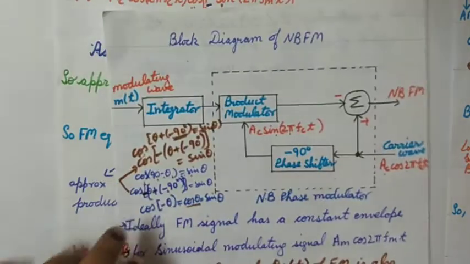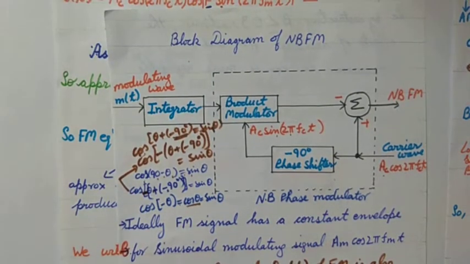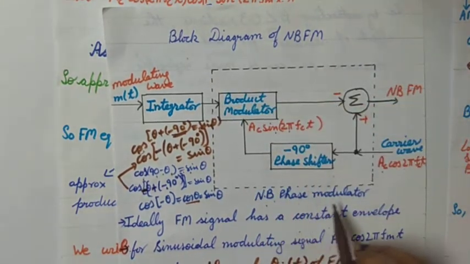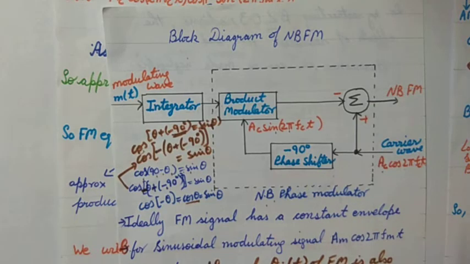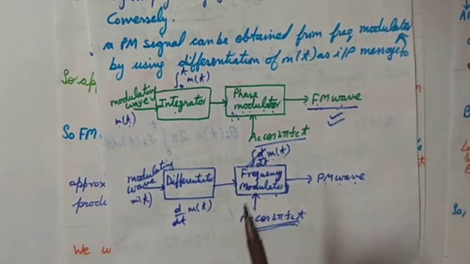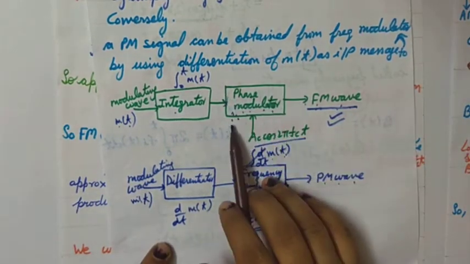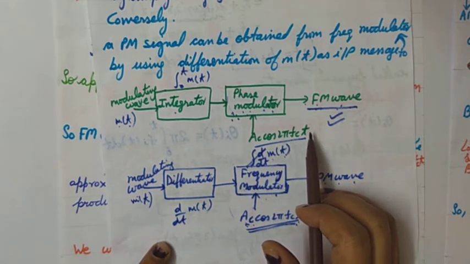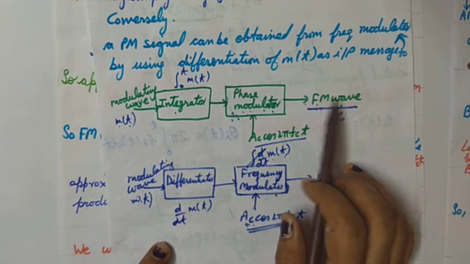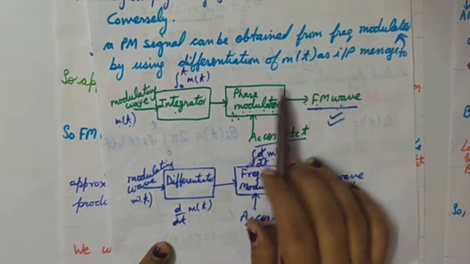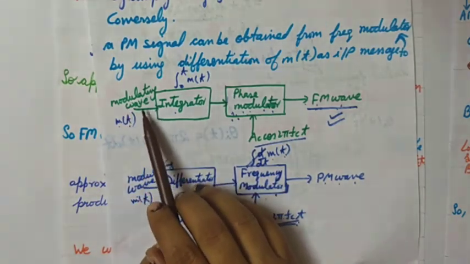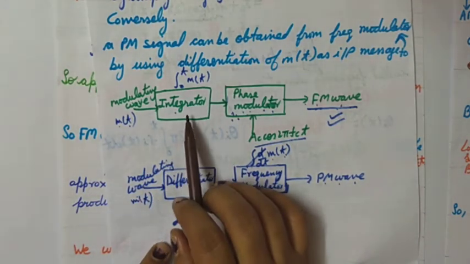Since this dashed box shows the narrowband phase modulator, I am using the concept from my previous video: when we use a phase modulator with a carrier Ac cos 2π fc t, then to obtain an FM wave from a phase modulator, the modulating signal is first passed through an integrator.